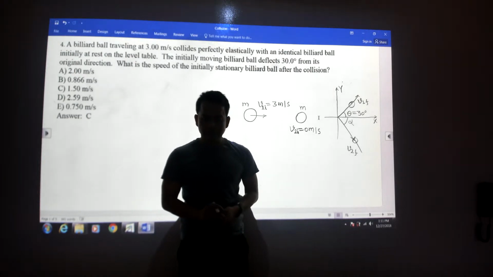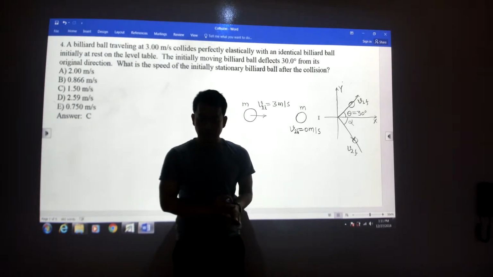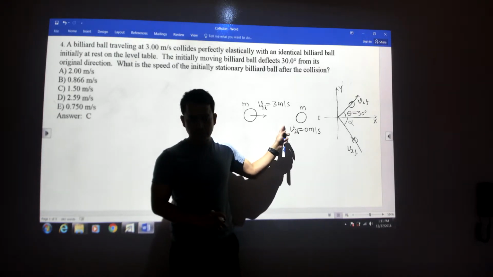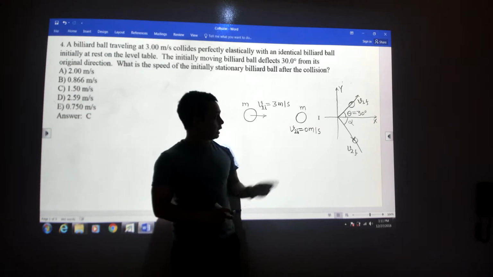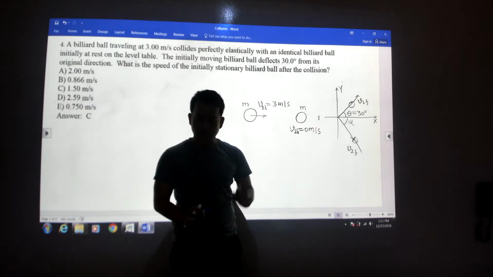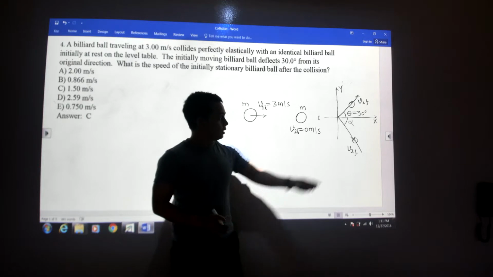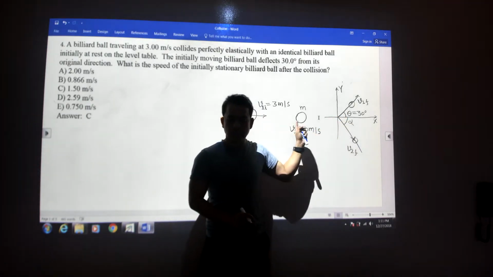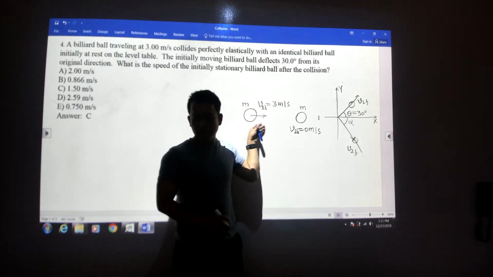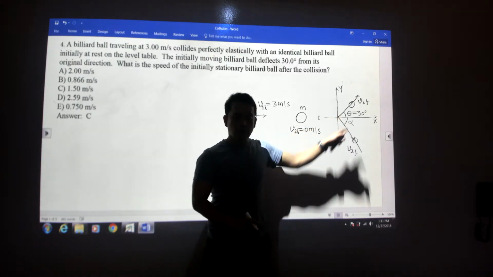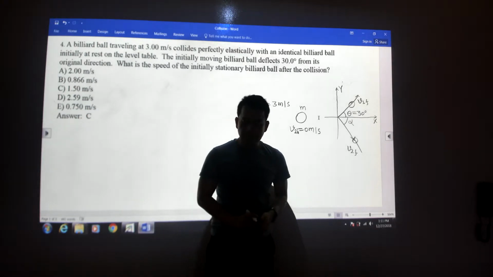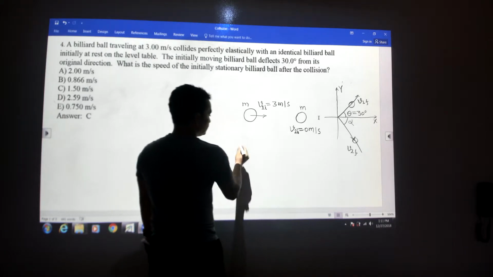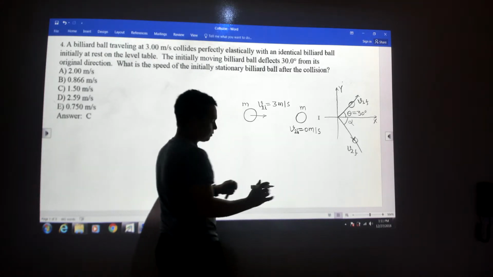This problem has two steps. If these two masses are equal and one ball hits the other and moves at an angle, then one thing I would like you to remember is that these two angles, theta and alpha, always add up to 90 degrees. Just keep this in mind, and I'll show you the proof.